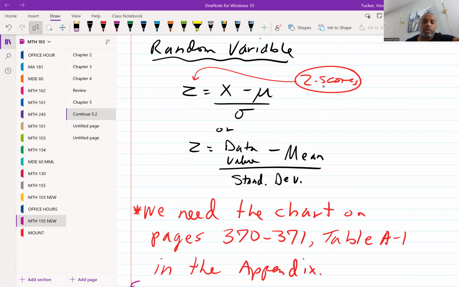And you're going to need the chart, and it's on pages 370 to 371, and it's called Table A-1 in your appendix. I'll show you the chart, pull it up, and show you how to use it.